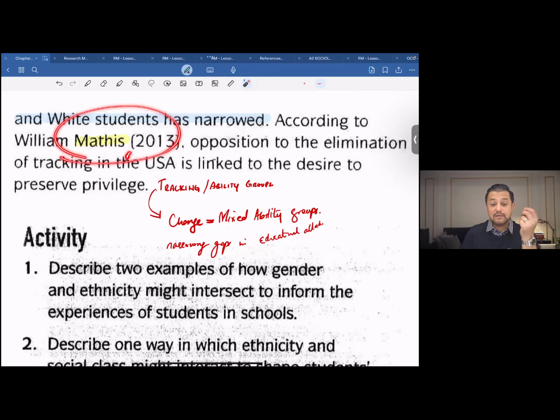However, according to William Mathis, there are still individuals who oppose this. There are still individuals who'd say no, this mixed ability teaching should not be adopted, and the education system, or a particular school, should stick to ability groups, categorizing kids on the basis of their ability.